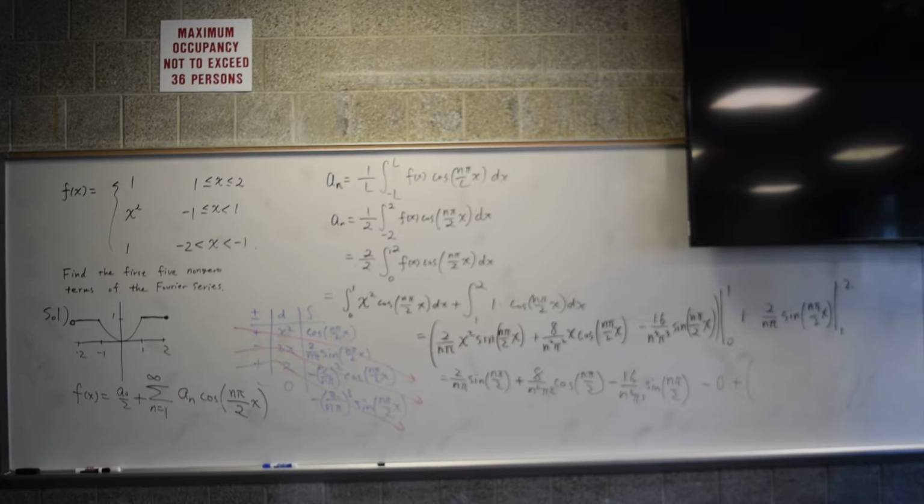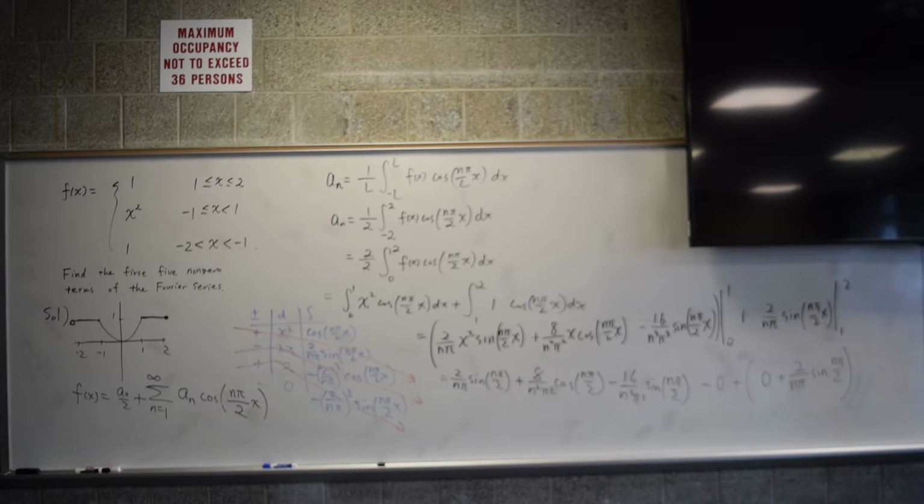What's sine n pi? 0. Sine gives you 0 at n pi. Okay. So it's 0. And when you plug in 1, you get plus 2 over n pi sine of n pi over 2.